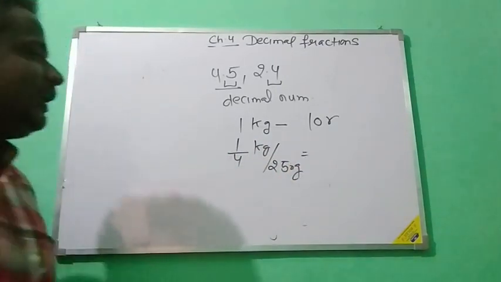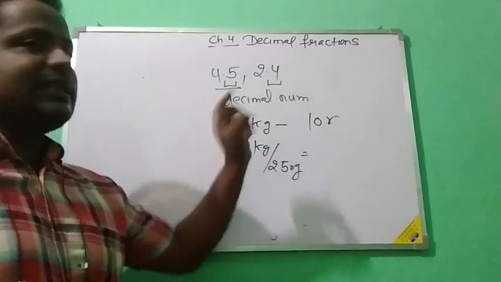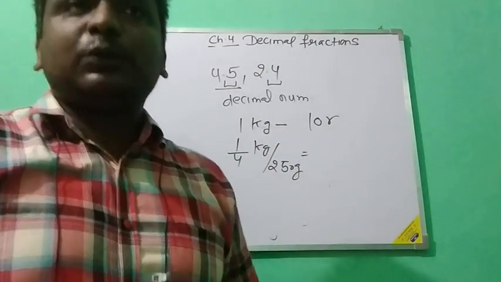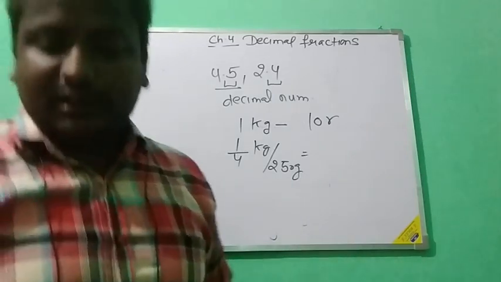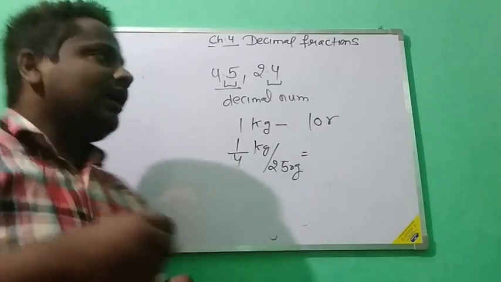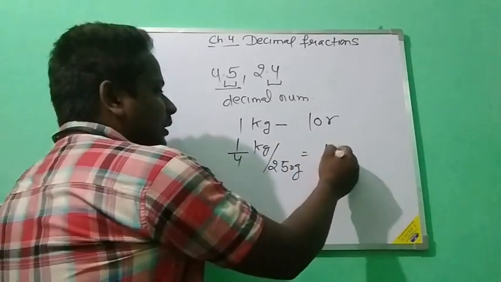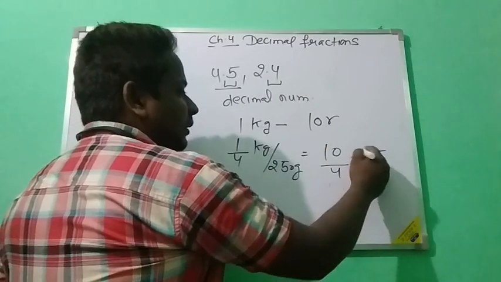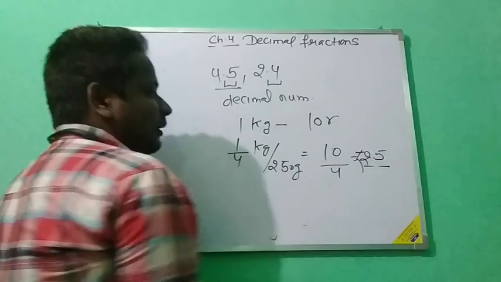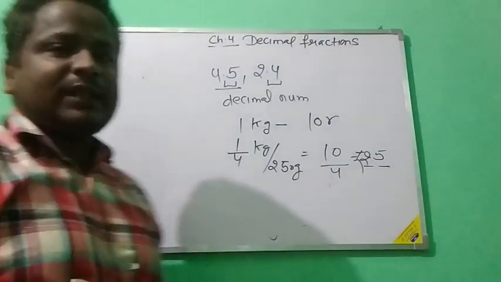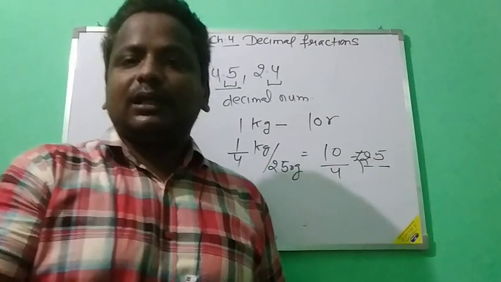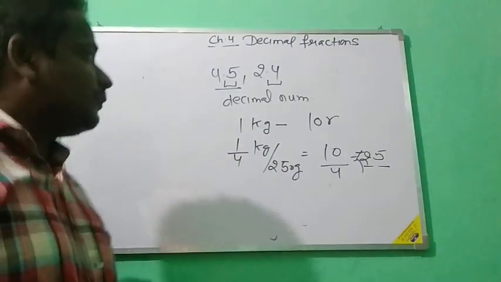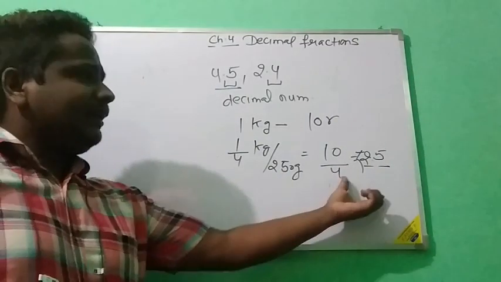I cannot express 1 upon 4 kg as a whole number, so I need a decimal number. So it will become 10 upon 4 or 2.5 rupees. So this is my decimal number. To express a number more concisely, I need decimal numbers.